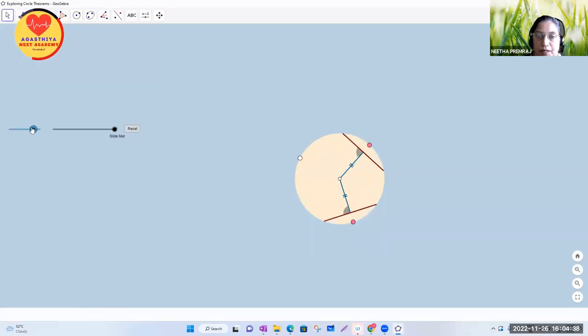Now if you see, two chords are equal in length, then the perpendicular distances from the center to the chords are also equal. See? This distance is also equal. The angles are also equal, if the chords are of equal length.